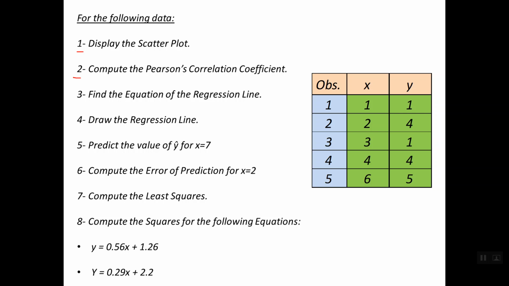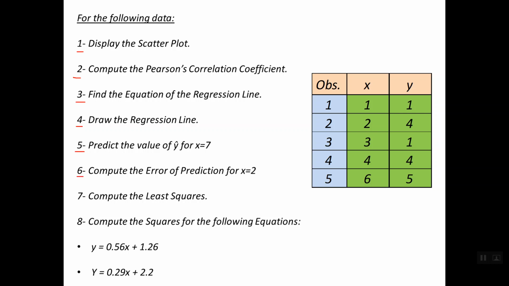Actually, we talked about the way to compute the Pearson's correlation coefficient, but I will go quickly. The third part is to find the equation of the regression line. The fourth part is to draw the regression line. Number 5 is to predict the value of y, which is y hat, for x equal to 7.